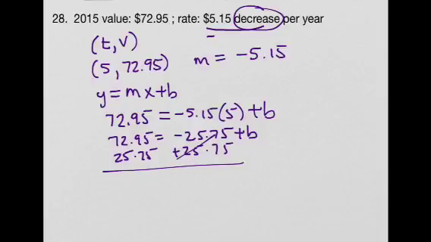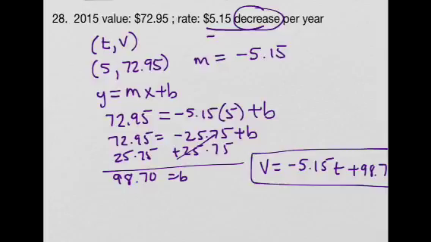So then that gives me 98.7. So my equation is V equals negative 5.15t plus 98.7. You could include the 0 if you want. It's not necessary. So this is good.